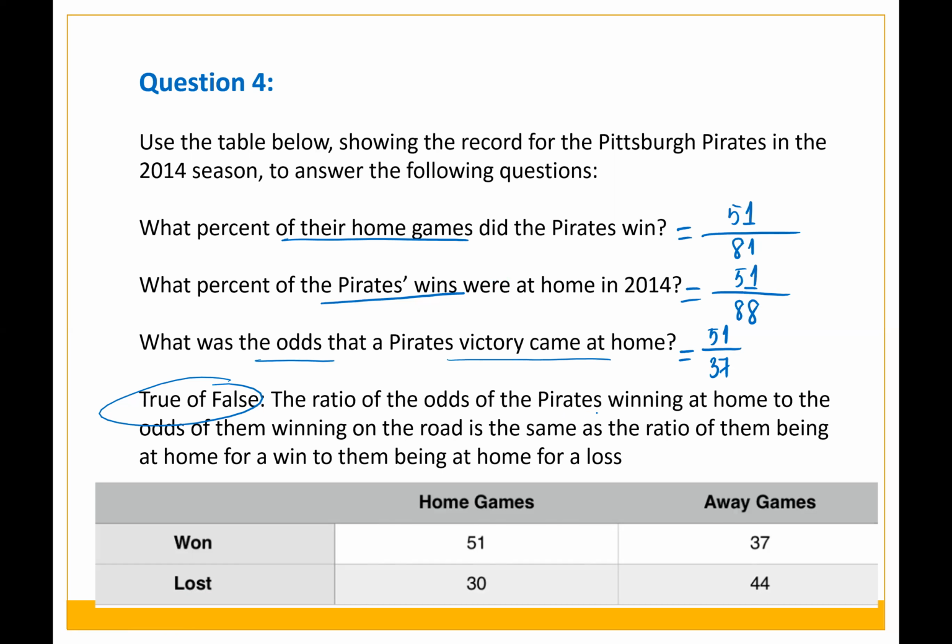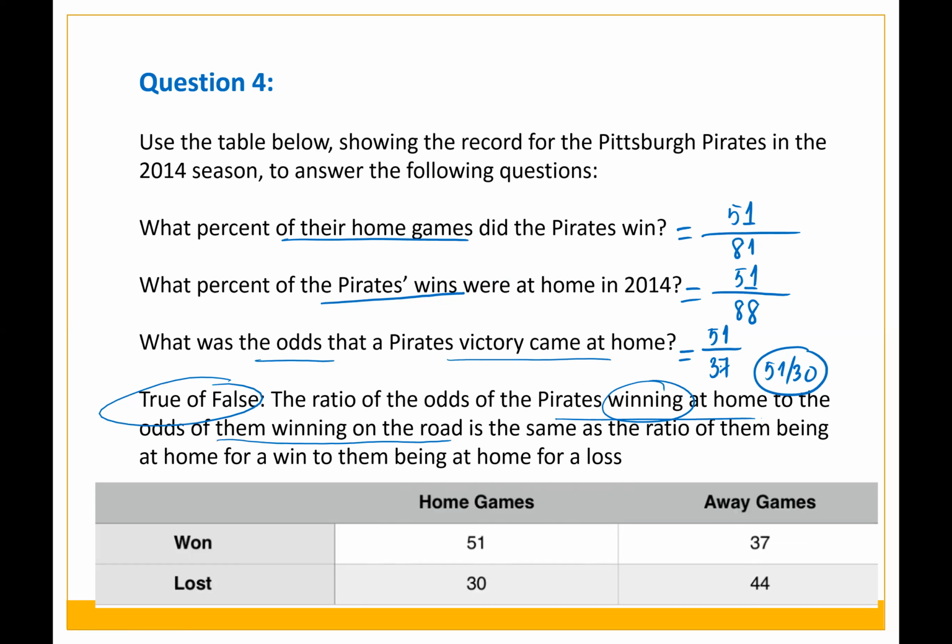So the odds ratio of the Pirates winning at home. So odds of the Pirates winning at home is going to be 51 over 30 actually, because it's asking about winning.